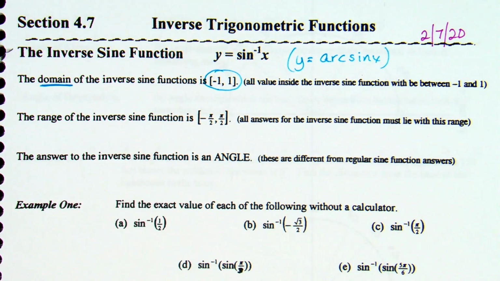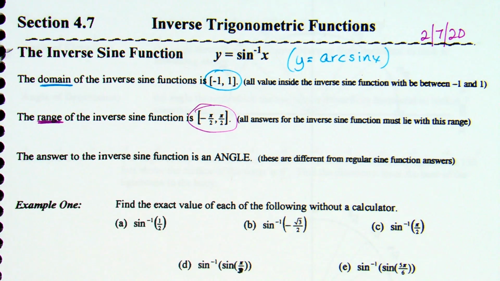Now, range. Range of the inverse sine function is negative pi over 2 to pi over 2. So all of your output answers will be between negative pi over 2 and positive pi over 2 when we're talking about inverse sine. Now, we say negative pi over 2 to positive pi over 2 because we're talking radians there. And we will usually be talking radians.